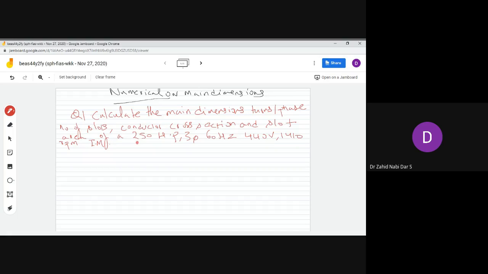I'm writing that the machine is delta connected, and for the following data.